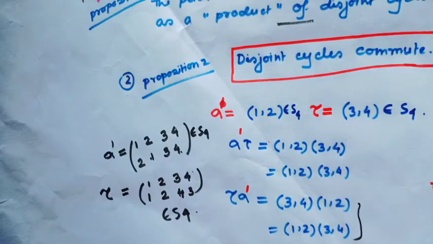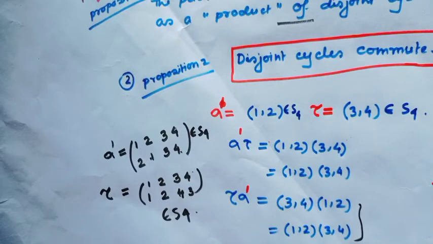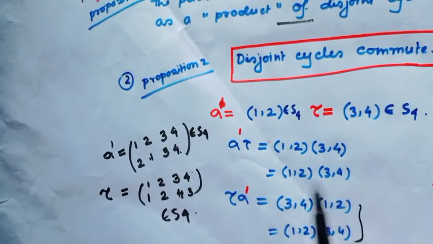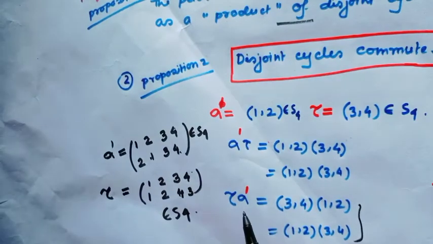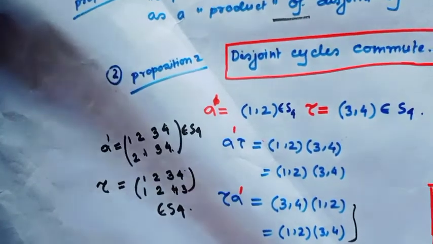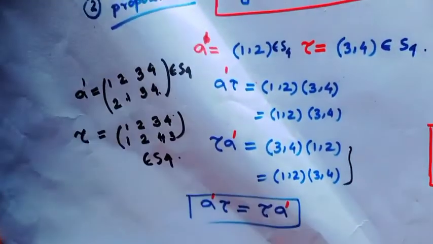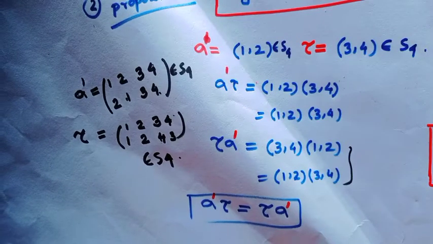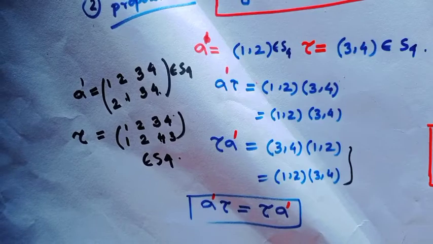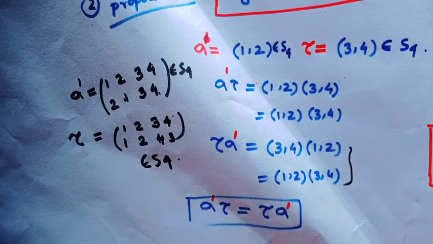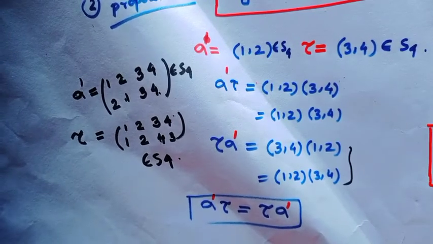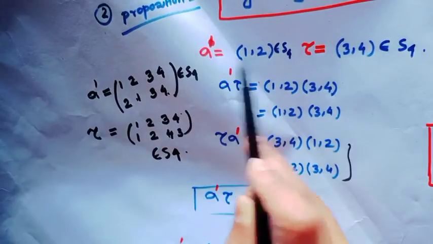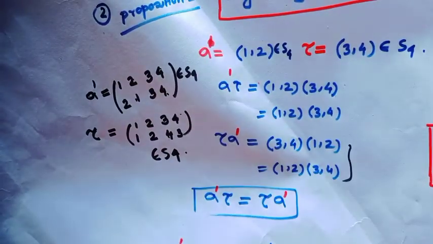Okay, both are same. And notice, sigma dash tau equal to tau sigma dash. That means both cycles commute with each other. And this result is true because here sigma dash and tau are disjoint.